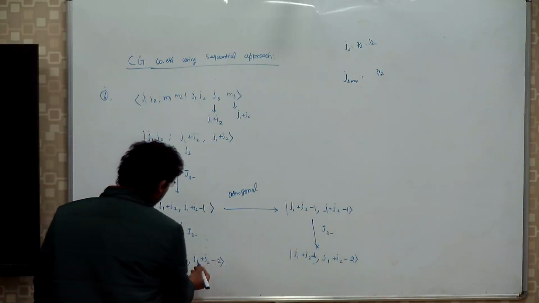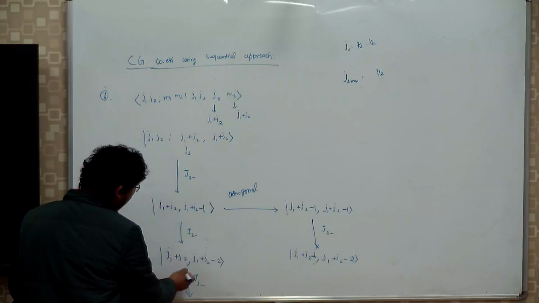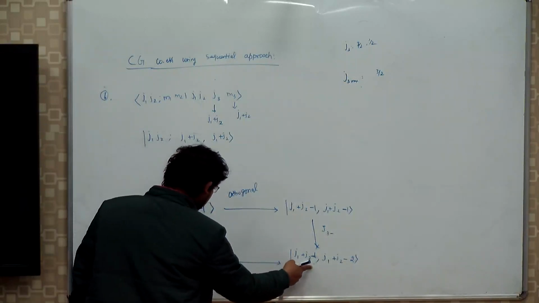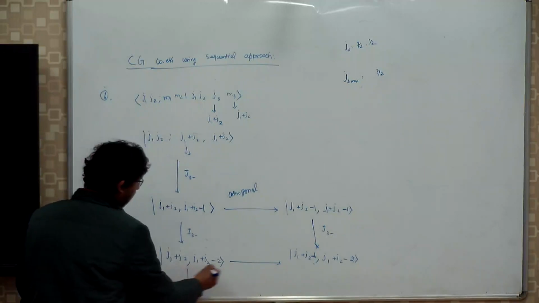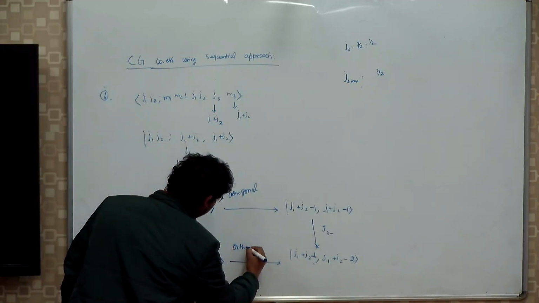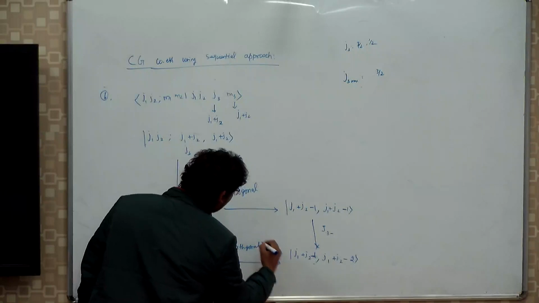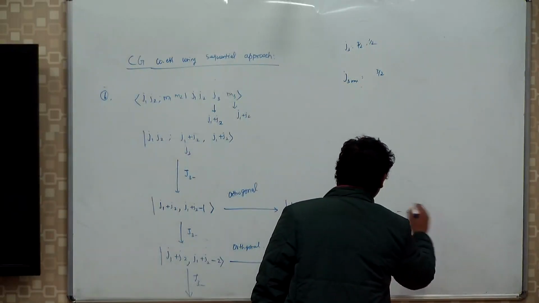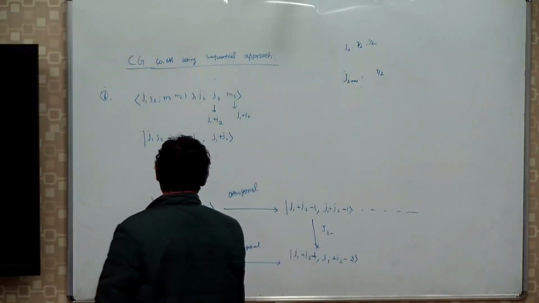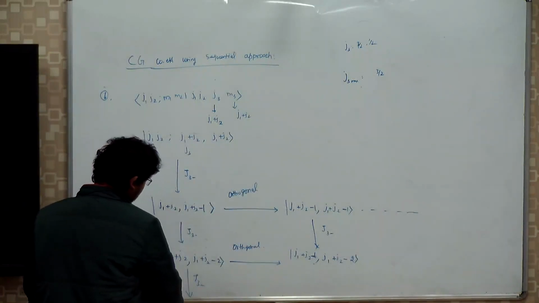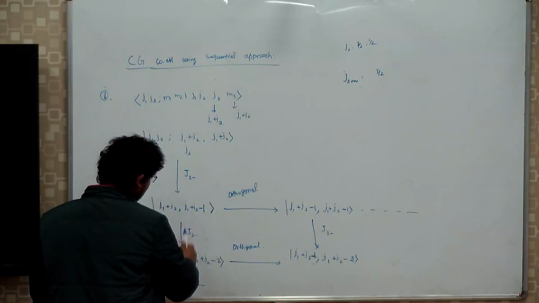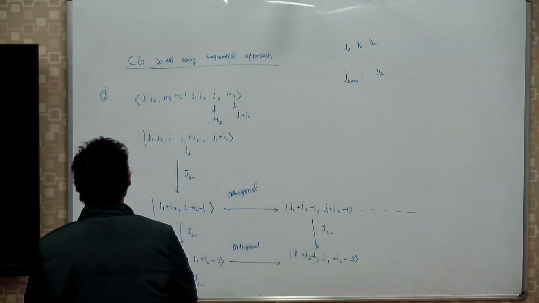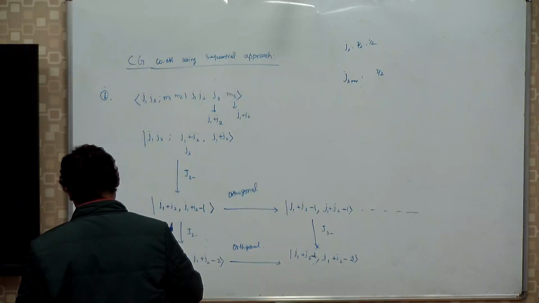Then if we move one notch down from this, this state is orthogonal to this state. So it will go like this. Orthogonal states will go horizontally and the lowering operator gives the state vertically. This is the sixth point, and there is another point.